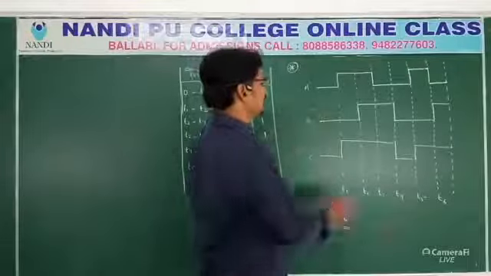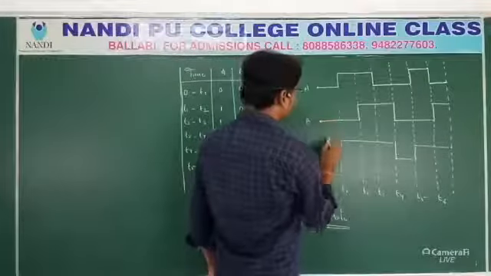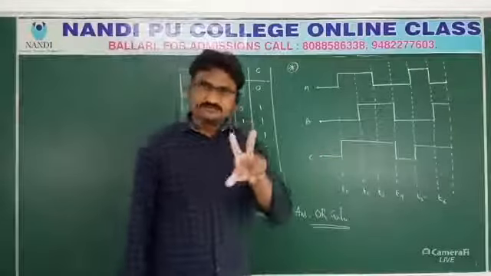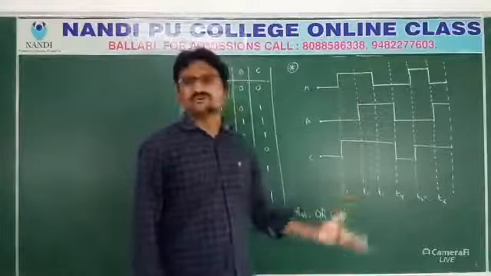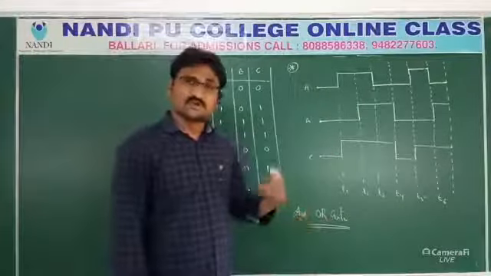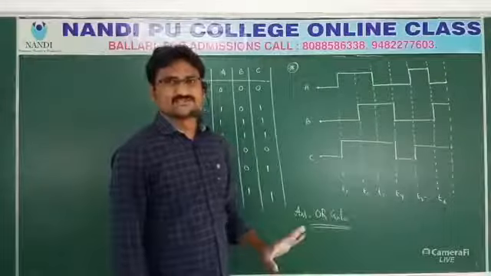Okay, see, A is input, B input, C is output. Why? Because 2 inputs, 1 output. With the help of the values, you have to find out which gate it is. The operation involved in the logic gate is what?